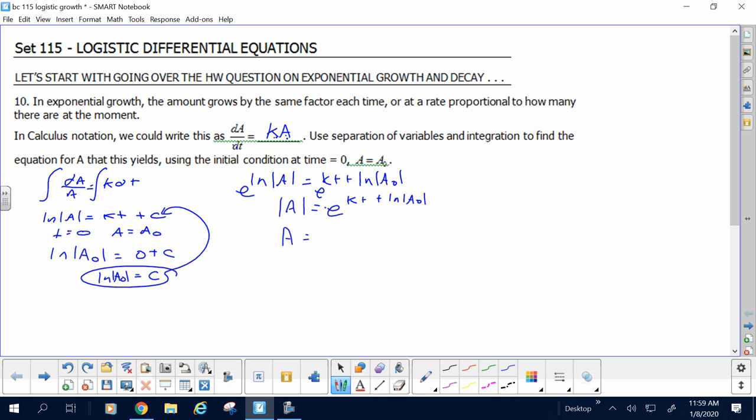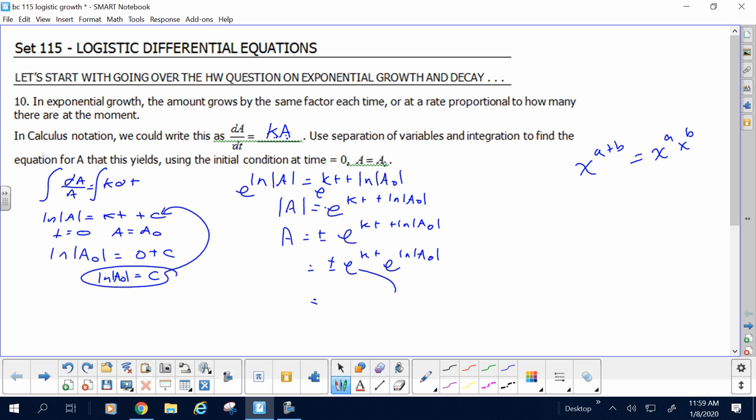Plus or minus. And let's also clean up the right side a little. What is anything to a sum of exponents? How else could it be written? Yeah, it's multiplication. So that means this is the same as plus or minus e to the kt times e to the natural log of A naught.